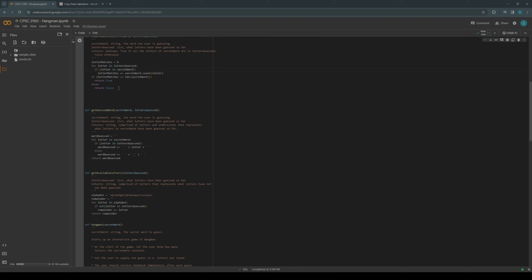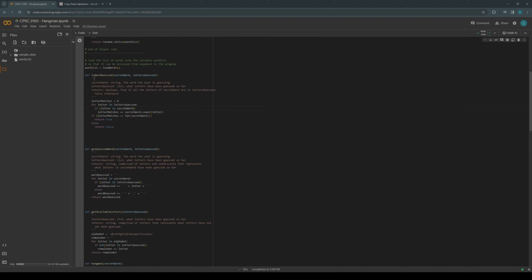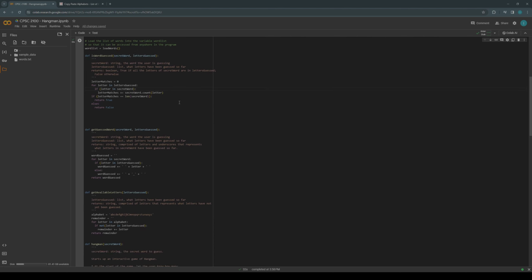There is something that you can do in this is_word_guessed function. Instead of just doing letter matches equal to the previous letter matches plus the count of how many of that letter are in the secret word that you're guessing, you can divide this by the count of that letter in the letters guessed.